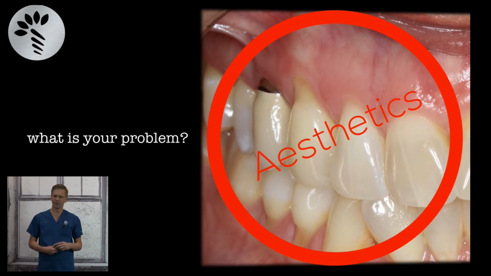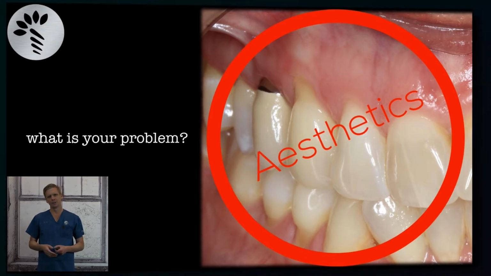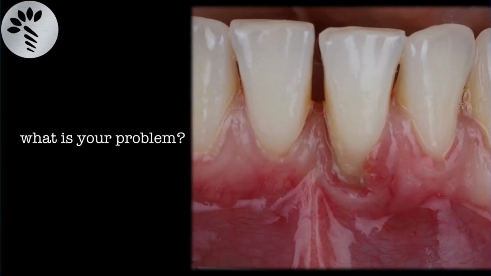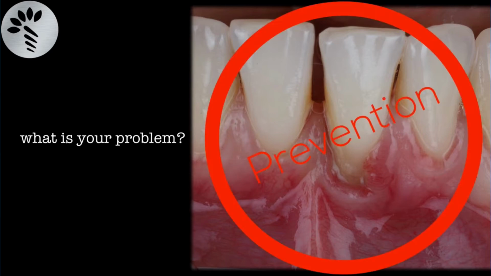And it might be a little bit dependent on her age, but certainly one of our goals that we're trying to solve with our soft tissue surgery or with any sort of soft tissue management is to improve the aesthetics of the teeth.